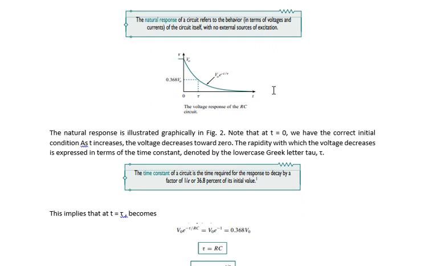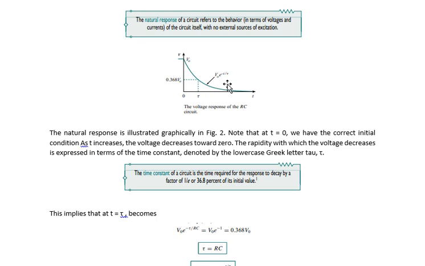If it is charged, or connected in series with a source, and then suddenly you connect it to a load, its source will go like this graph. It will go downward, and will continue to go downward, and will follow this graph. So this is what we call the natural response.